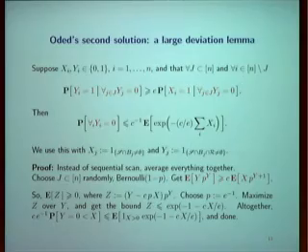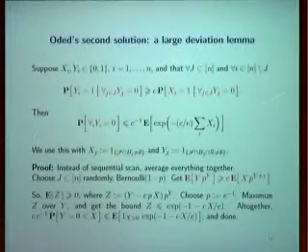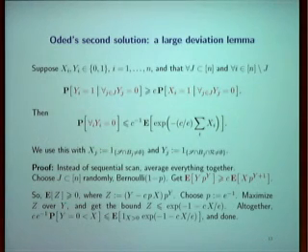In order to get an exponential large deviation, instead of doing this sequential scanning, you average these inequalities at once. You take a suitably chosen random j, take the expectation of this inequality, and you get this.